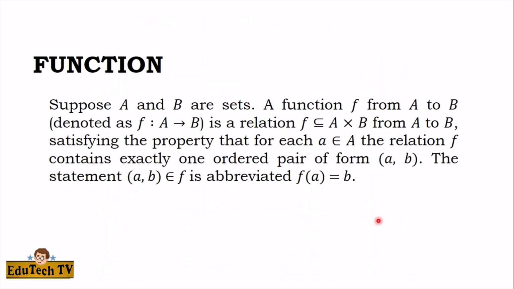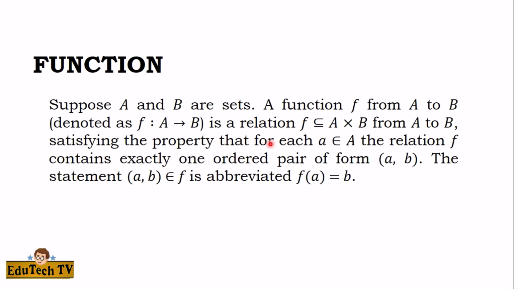Okay? Next, this one's a function. Definition: suppose we have a set A and B. Yung function from A to B is a relation in such a way that yung f natin or yung function is subset siya ng relation from A to B. Okay?